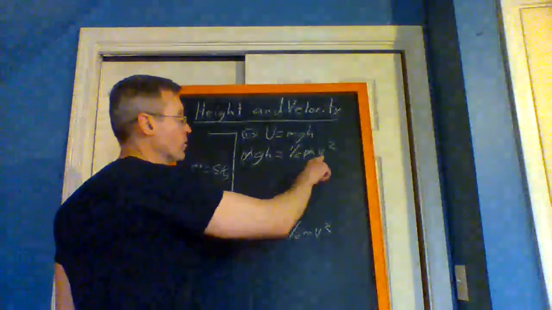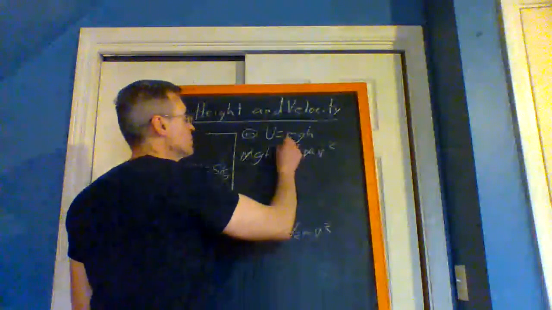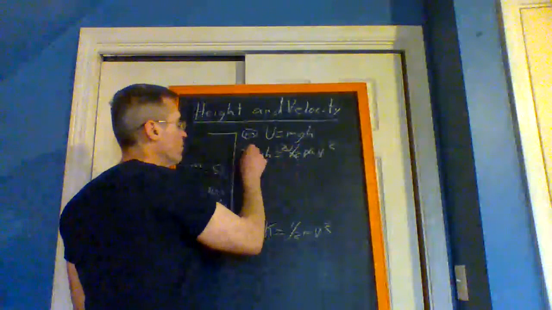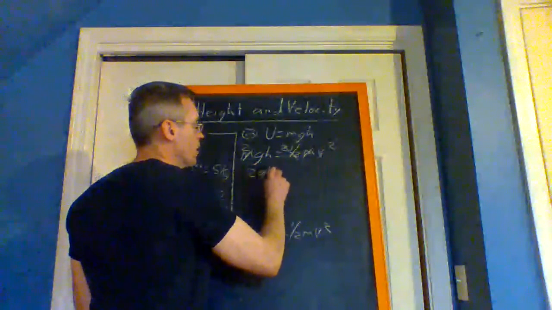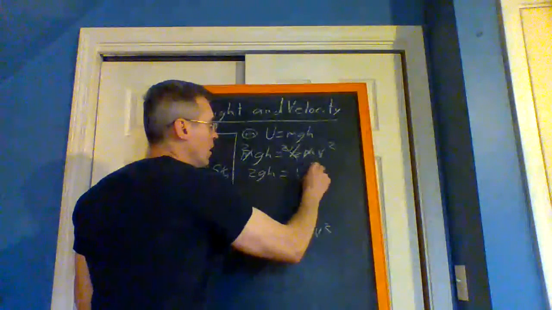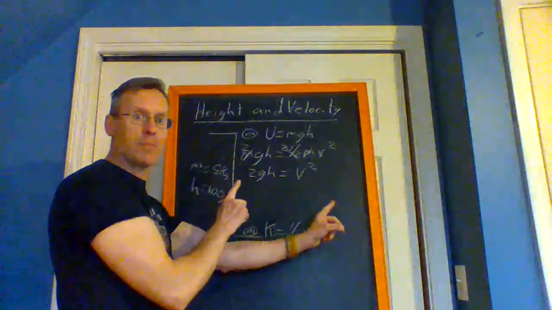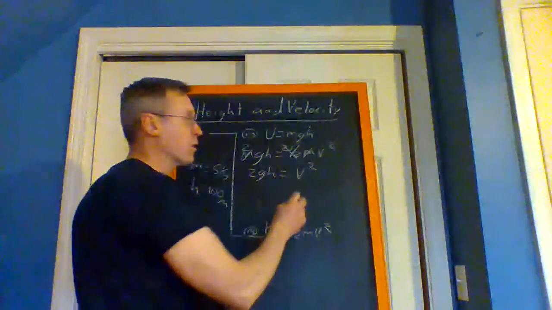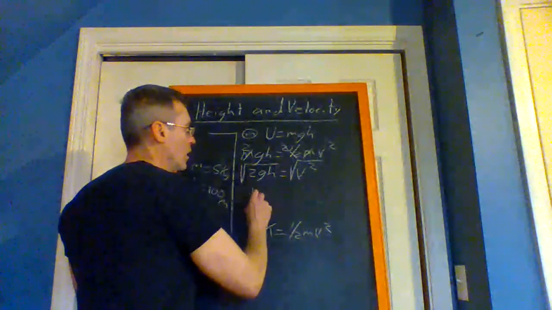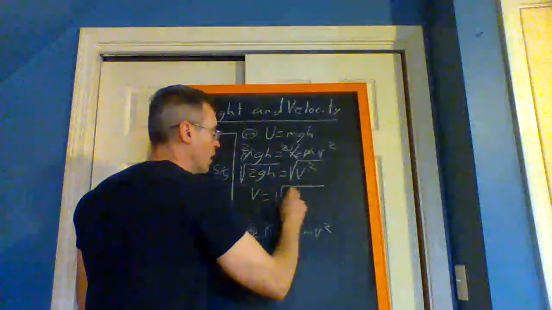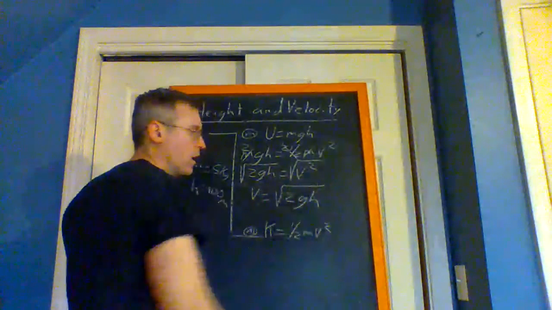And what I'm going to do is solve for v. I'm going to flip these sides and take the square root. And there you have it.